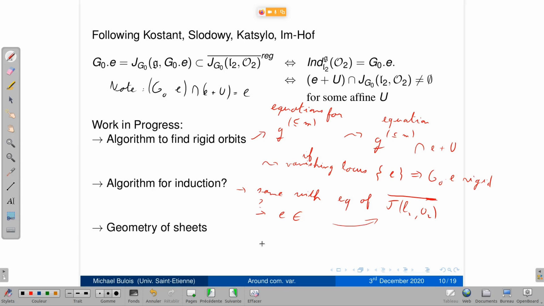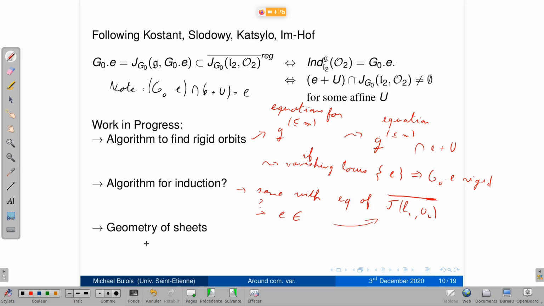It's not really effective yet. Basically, the idea is that you start with the set of equations for the set of elements which have dimension of orbits less than or equal to m, and then you force the semisimple element to satisfy some invariant theory equalities. You're saying that the semisimple part lies in the center of some Levi, as a translation via some equations in the quotients. But yet it's not really effective.